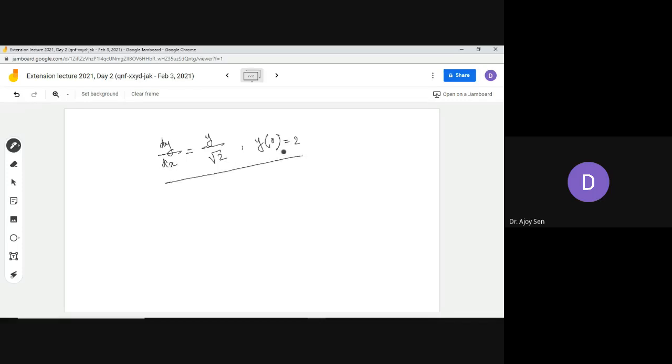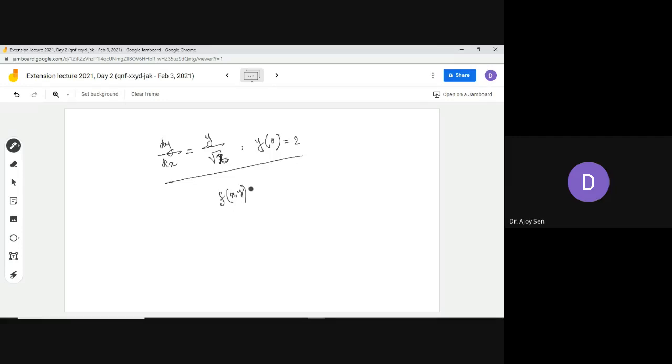This type of problem. Sorry, it's not 2 but it is x. If you check this kind of problem and apply the existence and uniqueness theorem, as I have said, for the existence and uniqueness theorem we have to check two functions.